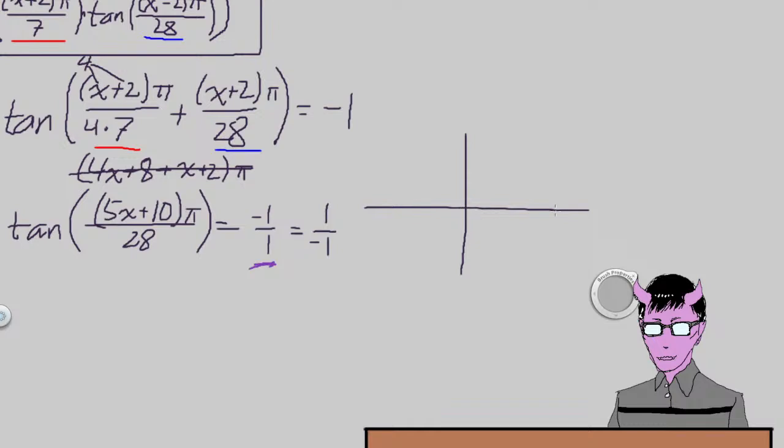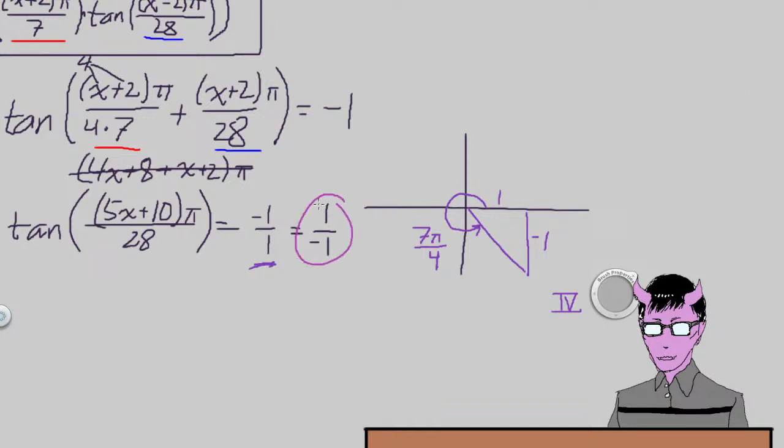So quadrant 4. This is the one where it has a negative opposite and then positive adjacent, and that is from here all the way to there. So that angle is going to be pi over 4 short of full circle, so it's going to be 7 pi over 4. There we go.